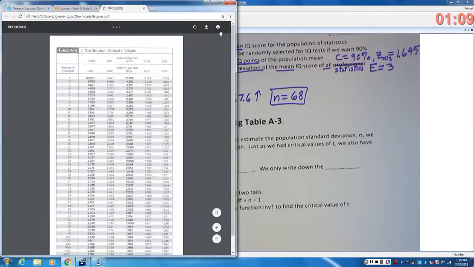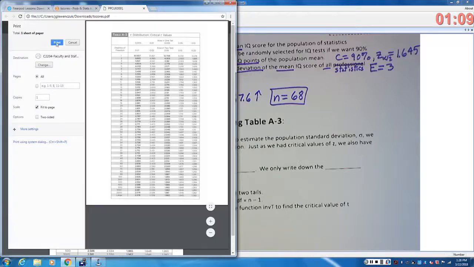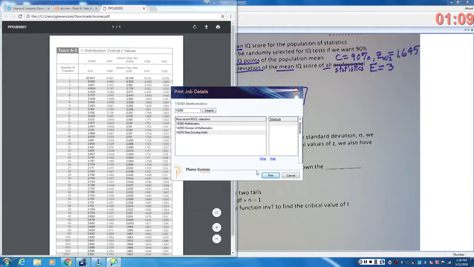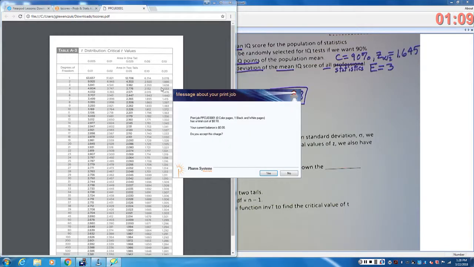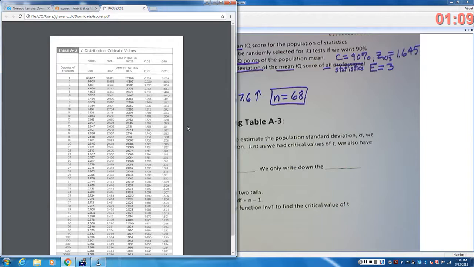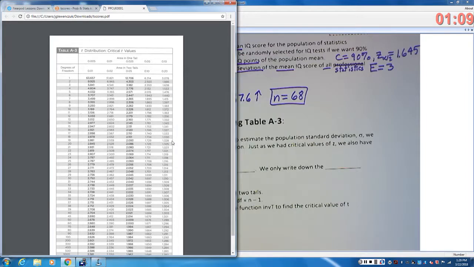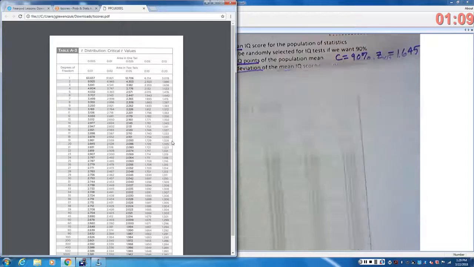I'm going to print it. Okay, so I don't think you need the negative Z-scores because you want to have the positive one printed out. And this T-score one, this is for finding critical values of T.